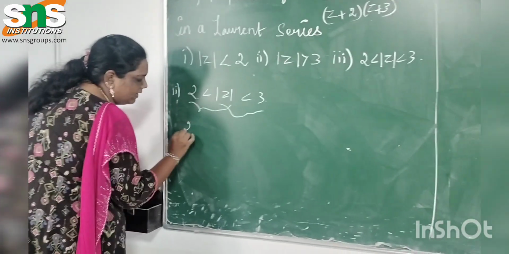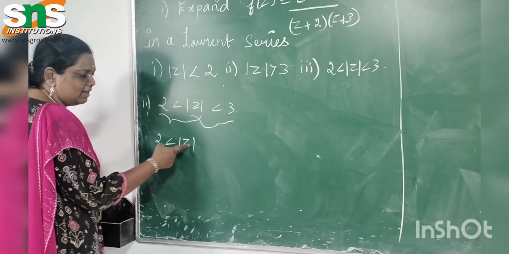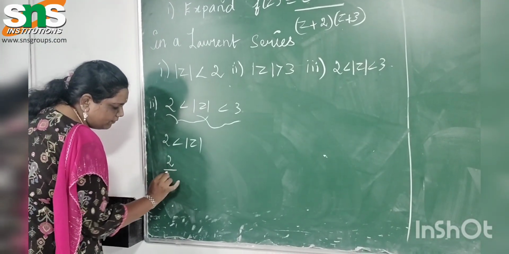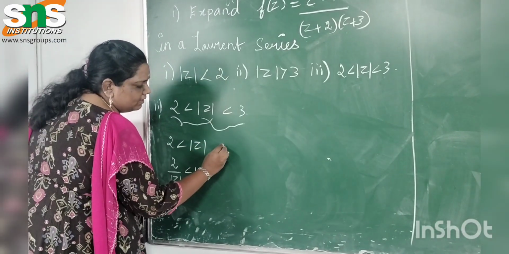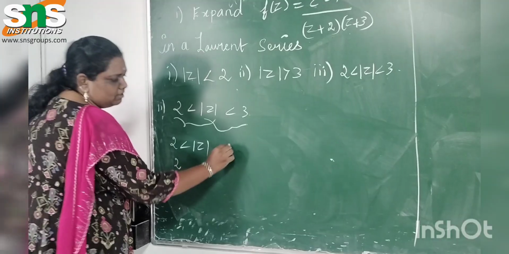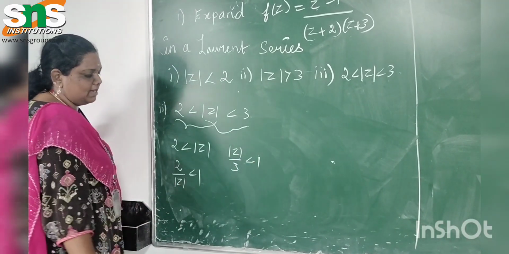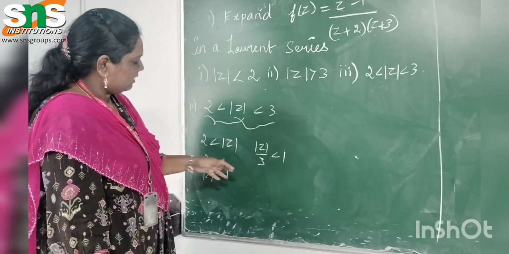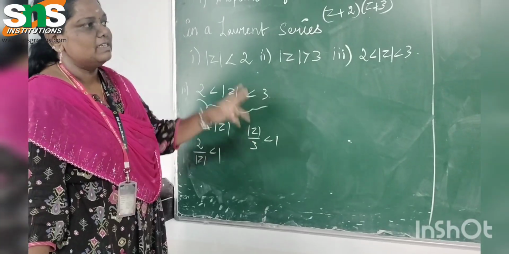So 2 divided by modulus of z, we are having 1 here. So we will divide by modulus of z, 2 divided by modulus of z less than 1 we will get. Now here we will divide that by 3, so modulus of z divided by 3, then only we will get less than 1 as an answer. So in the series we are going to take 2 by z in the first one and z by 3 in the second format.